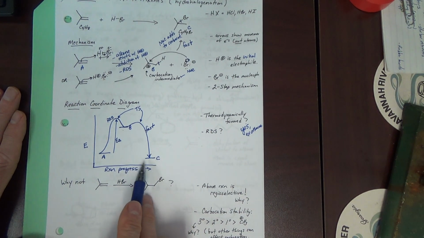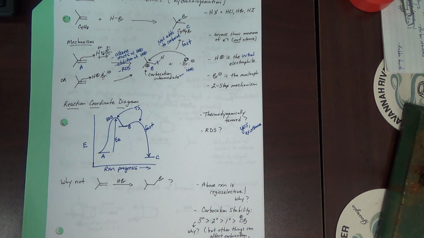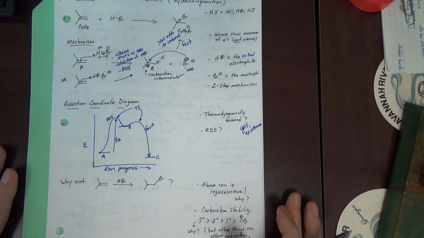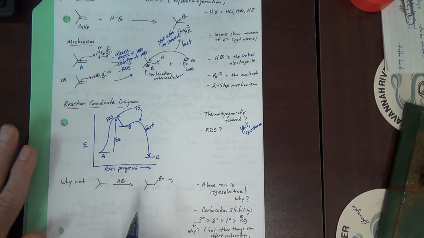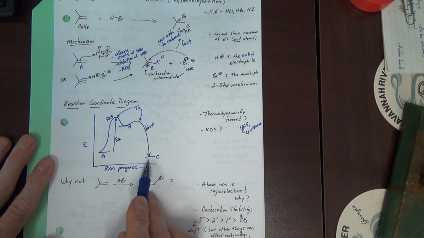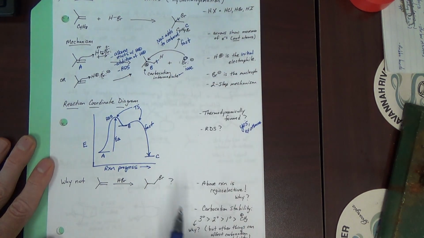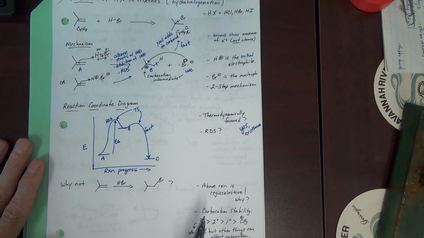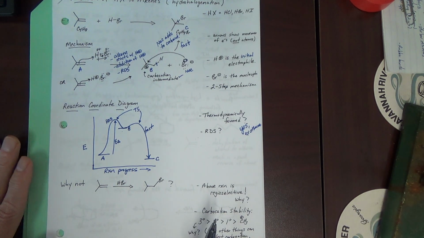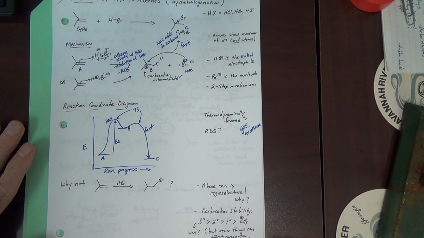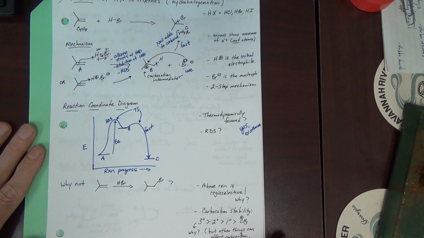The proof has to be more than we showed it, because we could have showed it wrong. We need to explain why it's exothermic and why we showed it this way. The reason it's exothermic is because product C is more stable. It's lower in energy than starting material A. Rate determining step, well, we identified that.